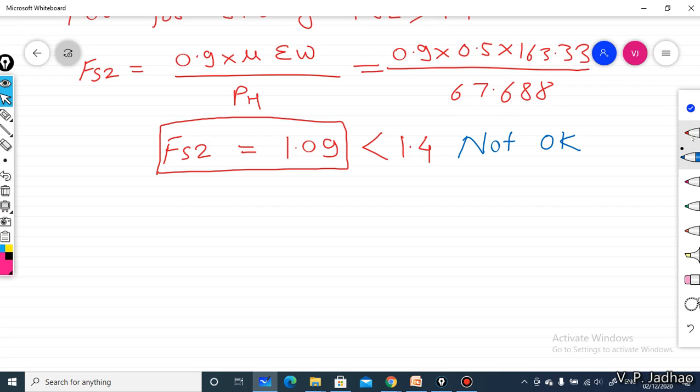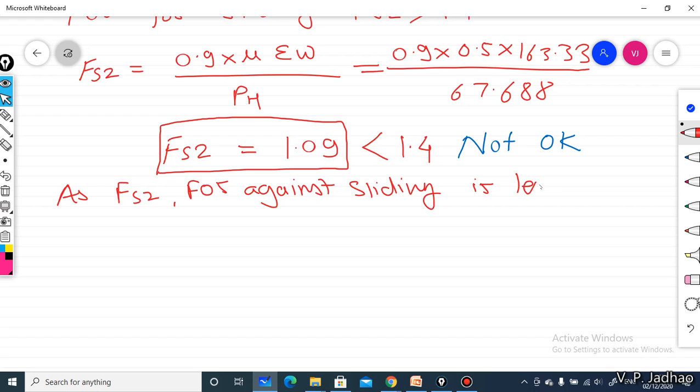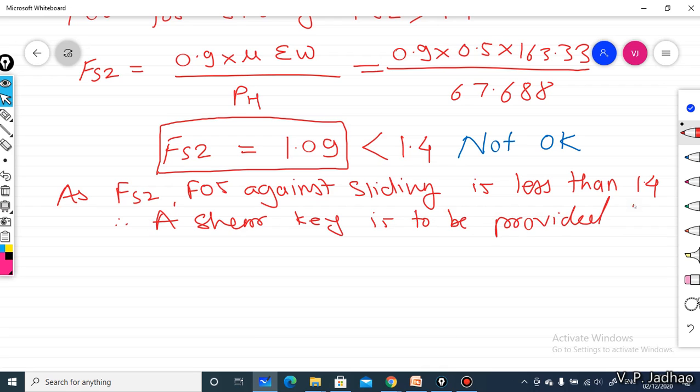Okay, just keep in mind, as this factor of safety 2, that is factor of safety against sliding, is less than 1.4, therefore a shear key is to be provided to increase resistance against sliding.